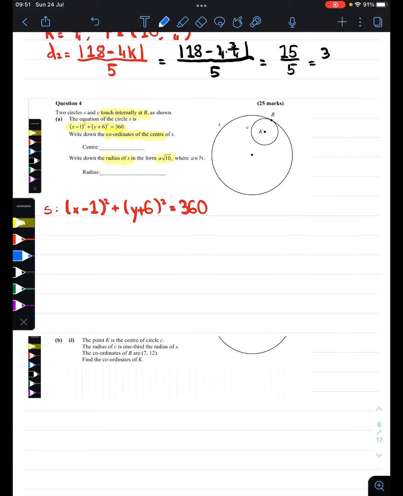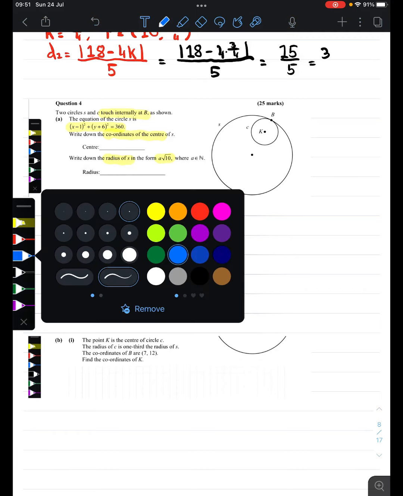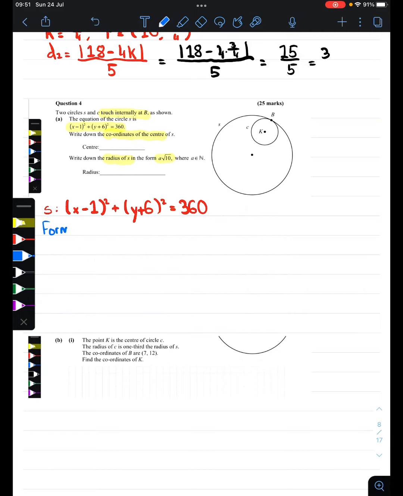The first formula, formula 1, is of the form (x - h)² + (y - k)² = r², where (h, k) is the center and r is the radius.